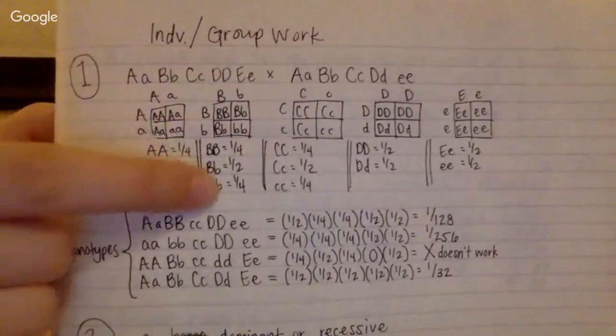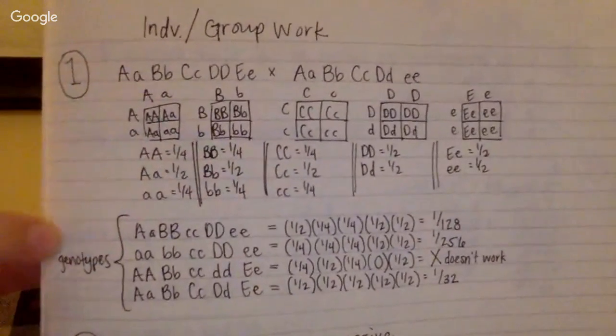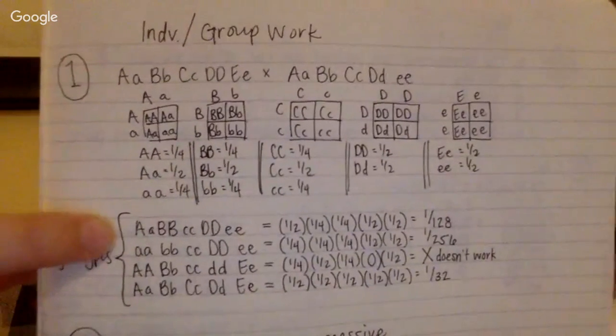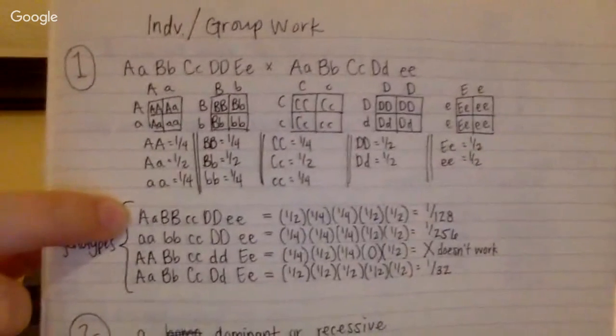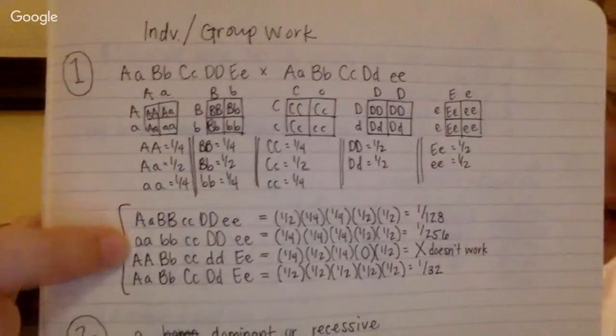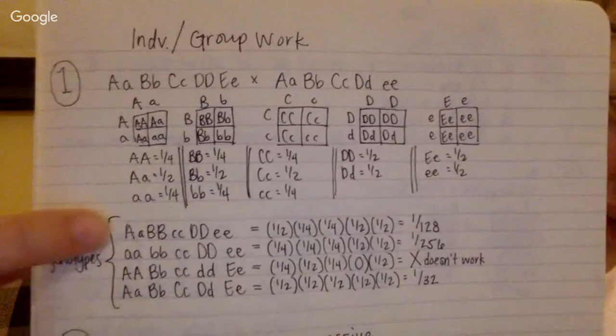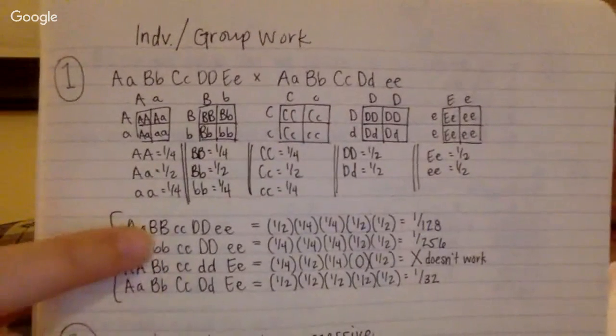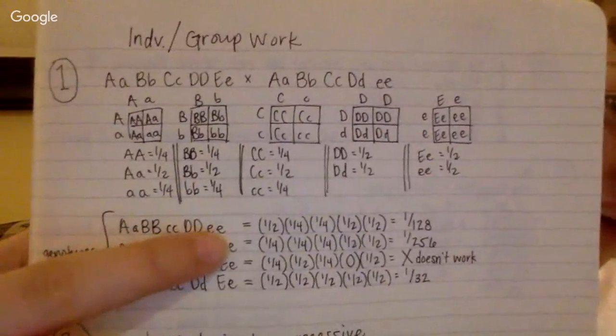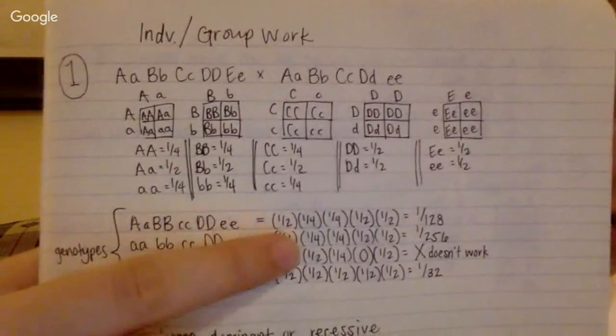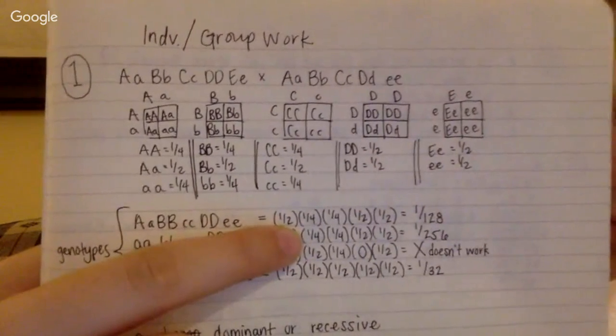I did that for all of them. Then here are the genotypes that are asked in each question, part A, part B, part C, and part D of question 1. I have what's asked, and then I put all of the probabilities.